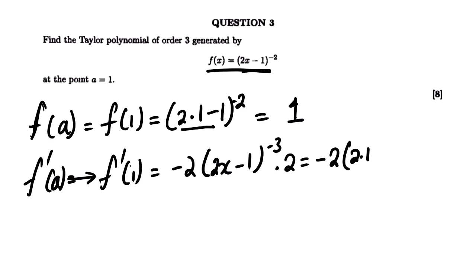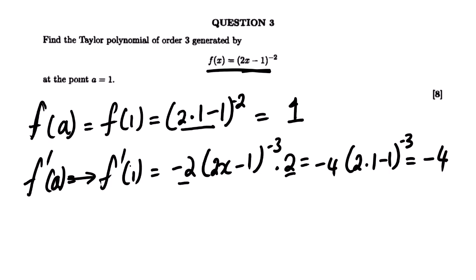Actually here we are going to have 2 multiplied by negative 2, we have negative 4, and then 2 multiplied by 1 minus 1, all to the power negative 3. So inside the bracket we are going to have 1 raised to the power negative 3, it's 1, so our second term is negative 4.